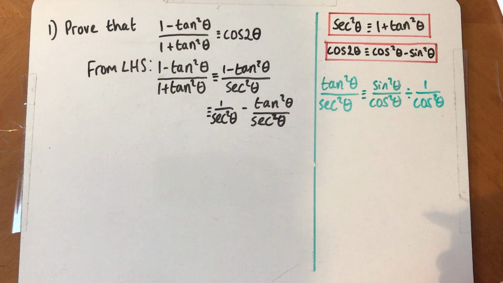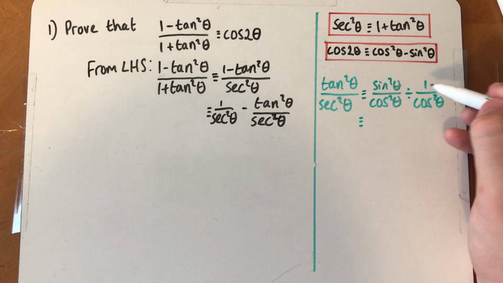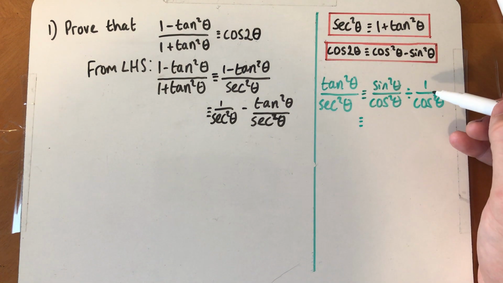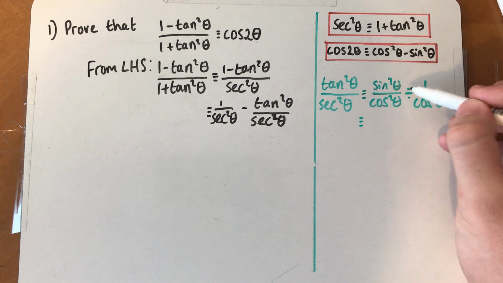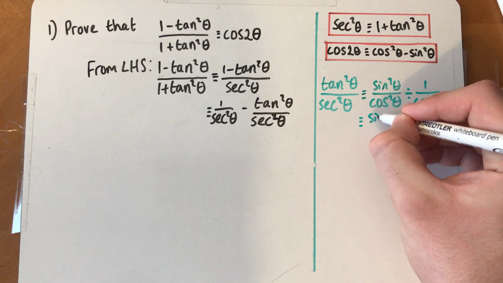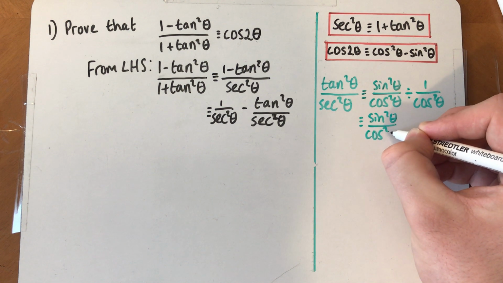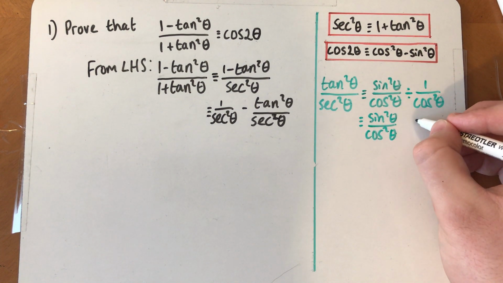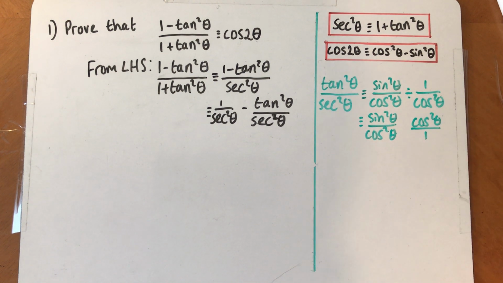When we divide two fractions, we think about KFC: keep, flip, change. We keep the first fraction the same. We flip the second fraction, so 1 over cos squared theta becomes cos squared theta over 1, and we change the sign to a times.